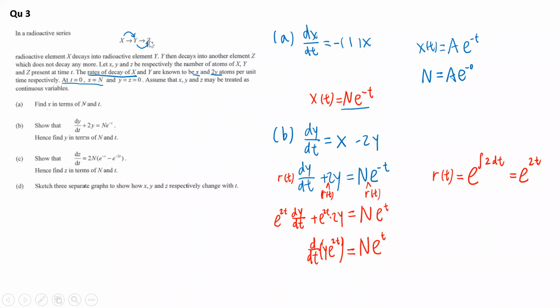You just consider the rate of decay of y, because whatever decays from y will give you the z. From there, you can find that. At this point, I think I want to stop here for today.